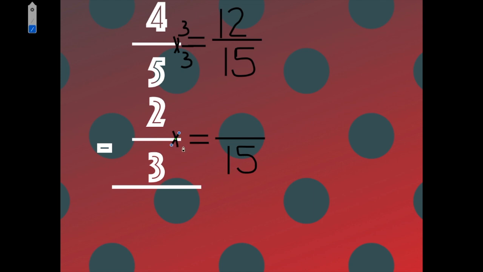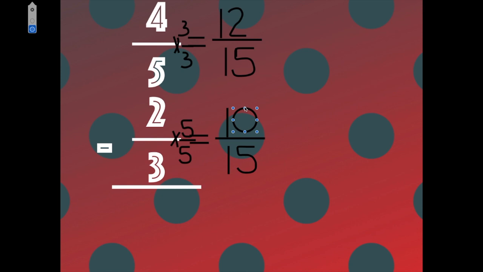However, I made the denominator 5 times bigger in this case, because 3 times 5 would get me to that 15. So if I make the denominator 5 times bigger, I need to make the numerator 5 times bigger. So 2 times 5 is 10.